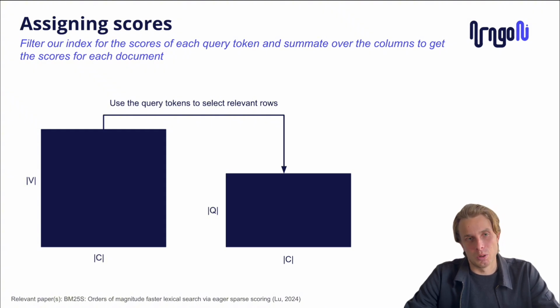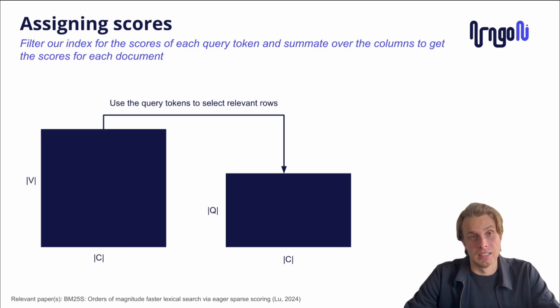We then have to go to the final part, which is the summation of calculating the score for the query over each document. We can again do this quite simply. So if we have on each of the rows here the scores for effectively each of the documents for the specific token. So for example, in a single cell, you would have the score for that token from the query on that document from your corpus.